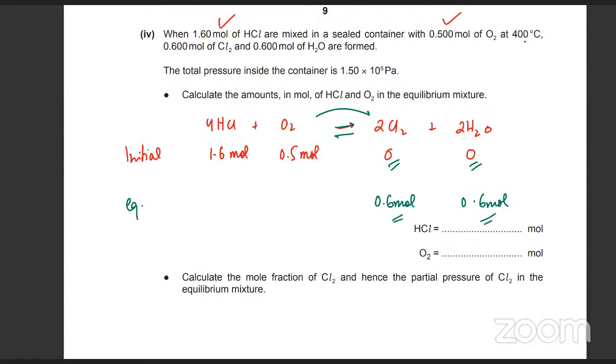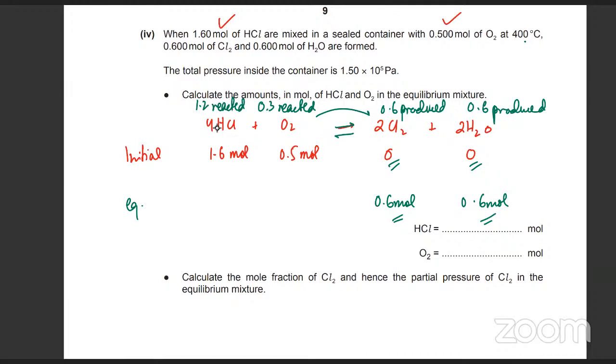That indicates that 0.6 moles of this were produced and 0.6 of this also got produced. So to produce 0.6 moles, use ratios. How much O2 would get used up? 2:1. So to produce 0.6, 0.3 moles of O2 must have reacted.